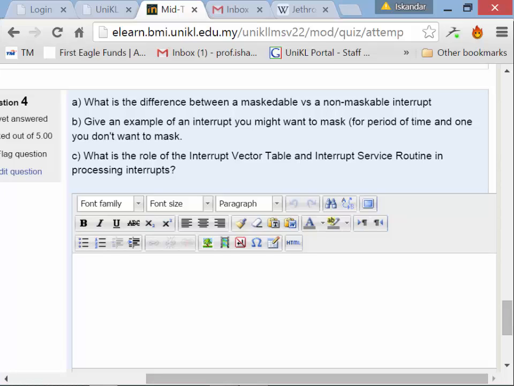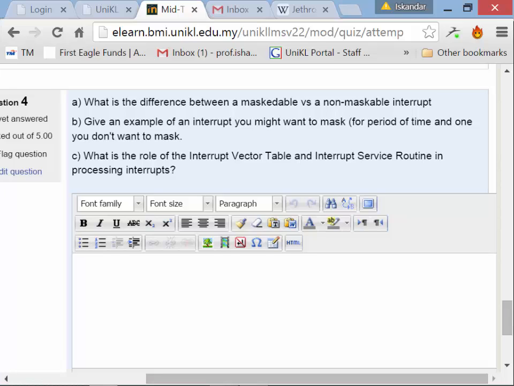I can go right into that on the 80-51. I can enable my interrupts or not enable my interrupts, but a non-maskable interrupt is always enabled. Then give an example of an interrupt you might want to mask for a period of time, and one you don't want to mask.